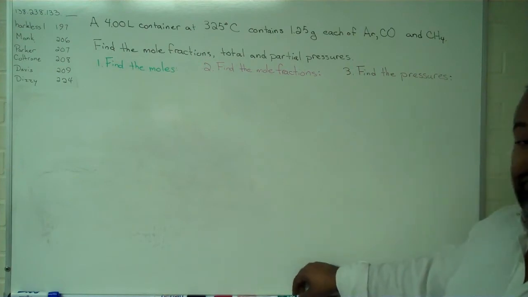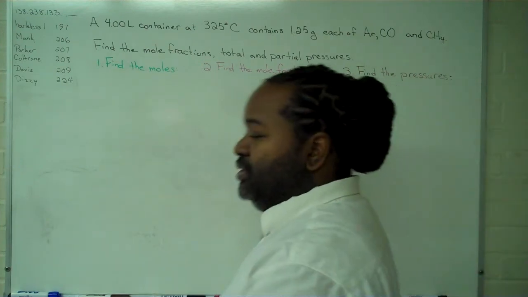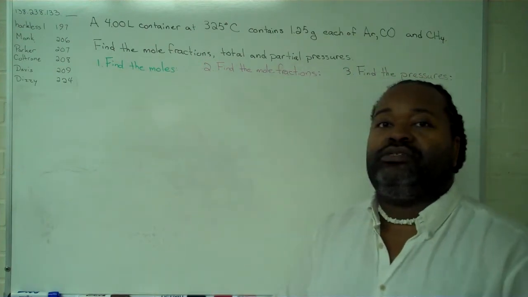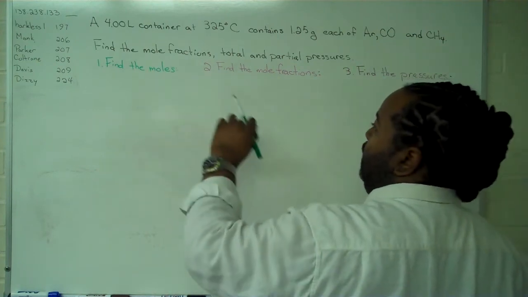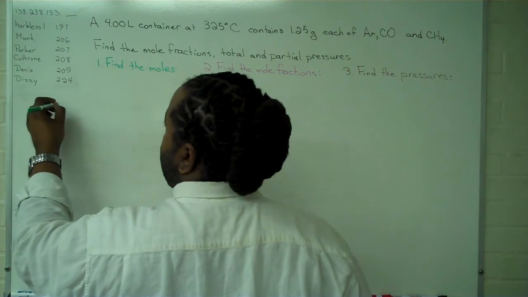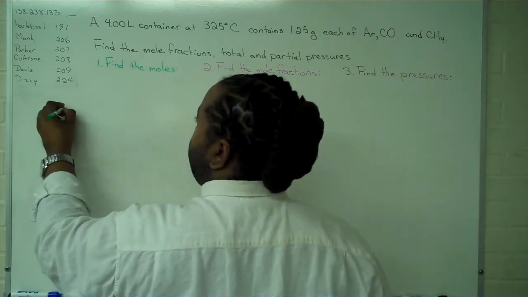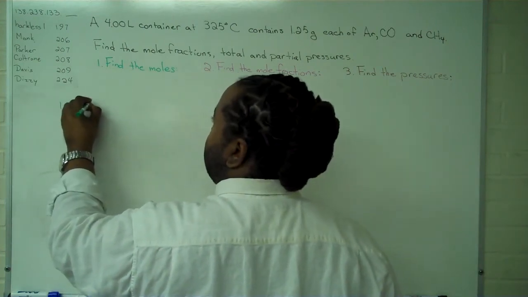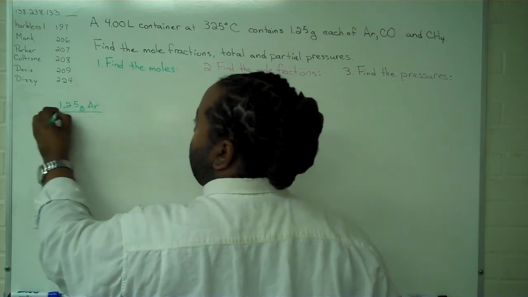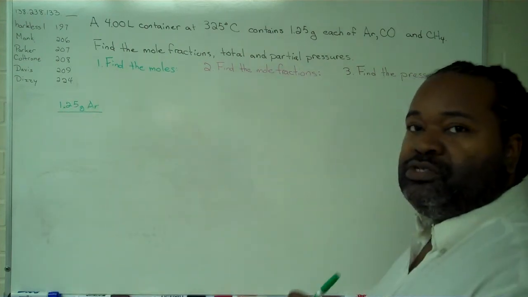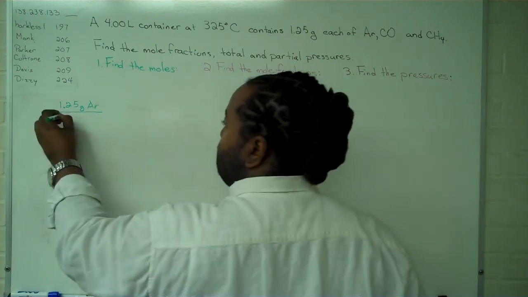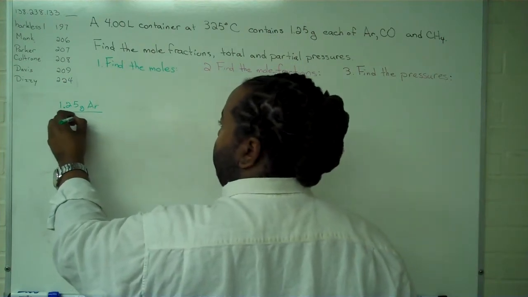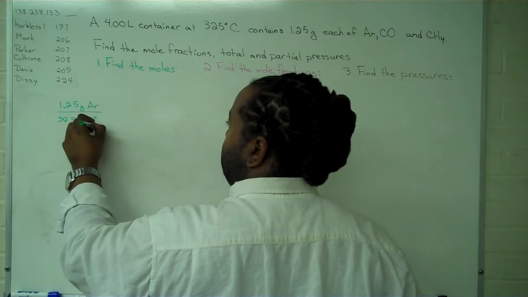So our first step in finding the moles is a straightforward application of the concept of the mole and molar masses. So we have 1.25 grams of argon, and we want to convert that to moles by dividing by the molar mass, 39.95 grams per mole.